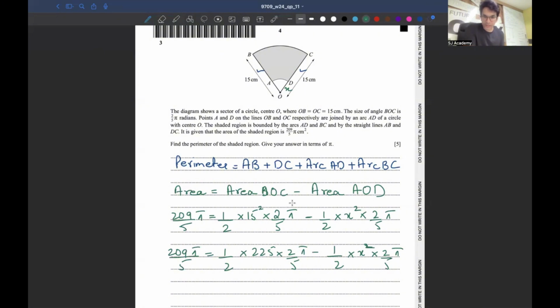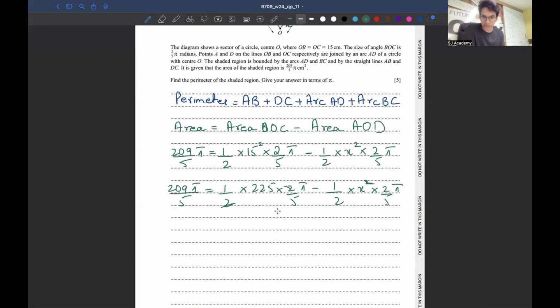Now we can simplify: we can cancel this 2 out, 5 goes into 225 forty-five times, and this will become 45. The 2 and 2 will cancel out, so we get 209π/5. We can also take π common on the left-hand side, so this will become π into 45 minus x squared upon 5. Now π and π will cancel out.